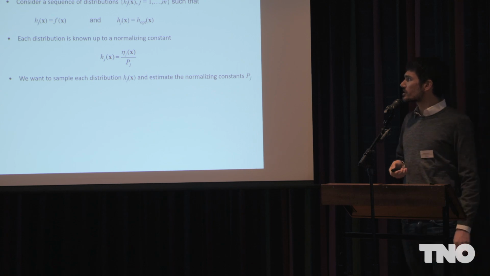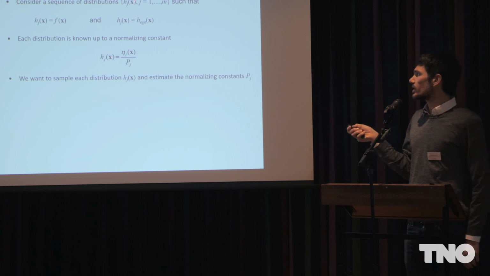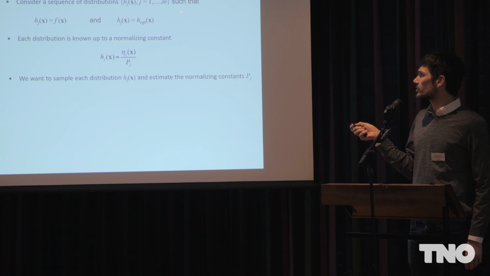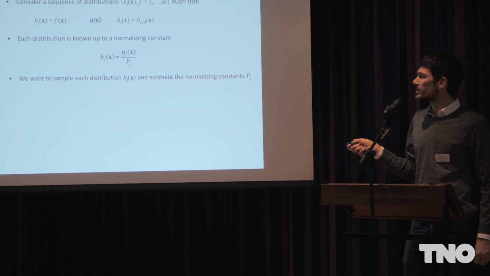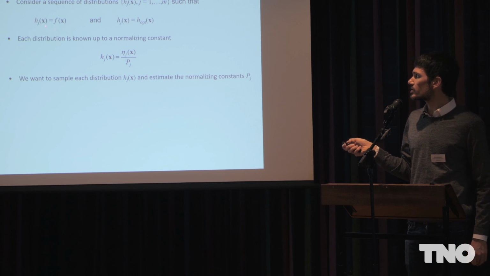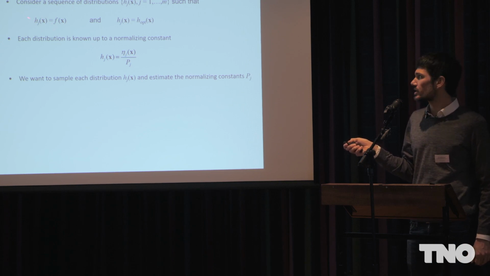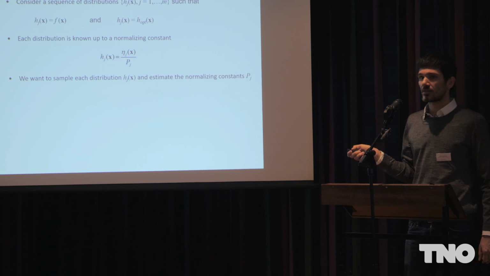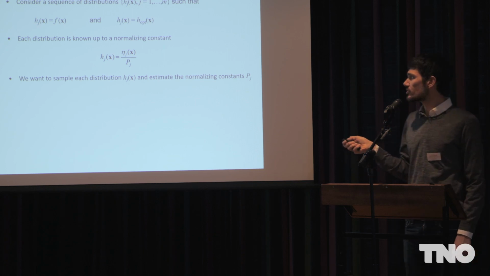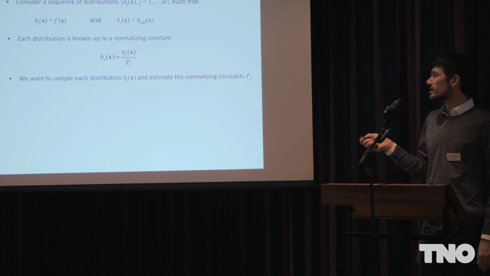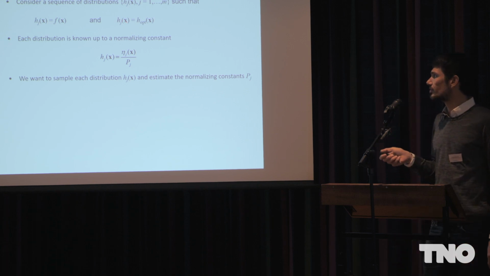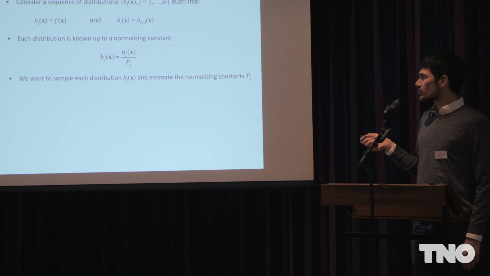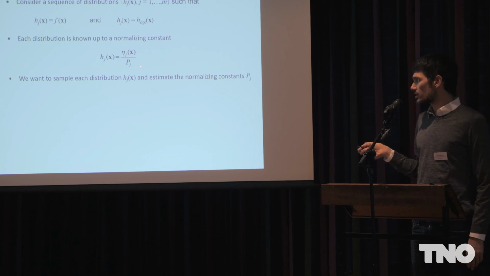So we consider a sequence of distributions, which we call Hj from j equals 1 to m, such that, okay, there's a mistake here. Here it should be H1. So the first distribution in the sequence is the density of the random variables. And the last distribution of the sequence is the optimal importance sample density. Each distribution is known up to some normalizing constant, Pj.